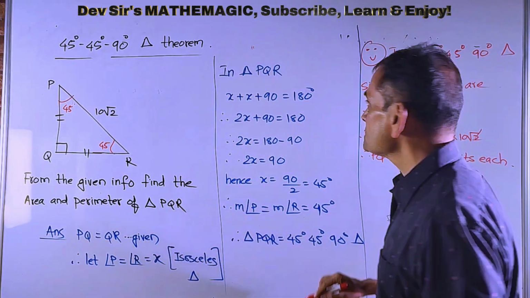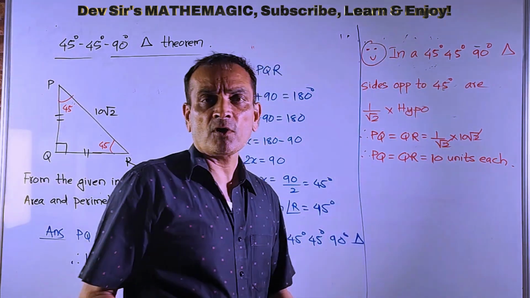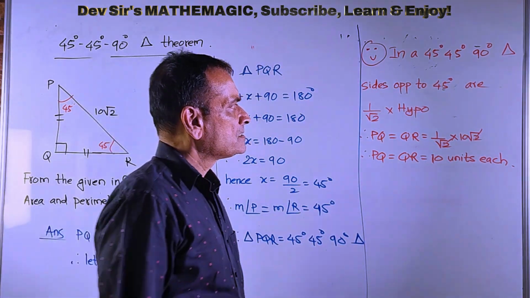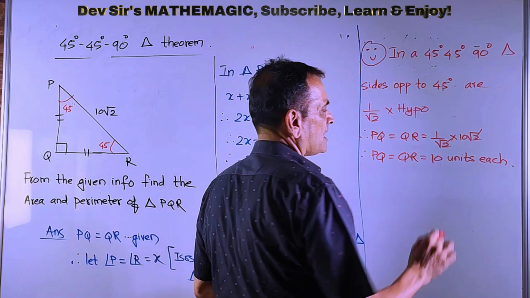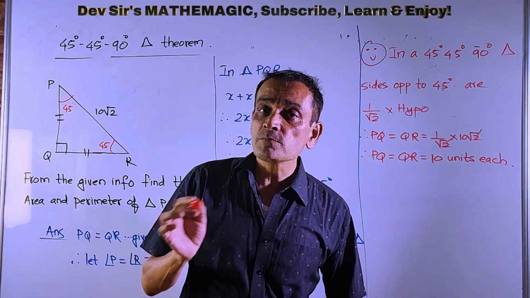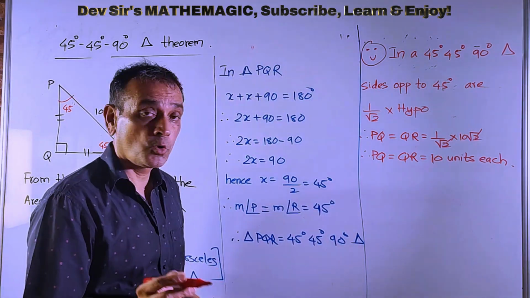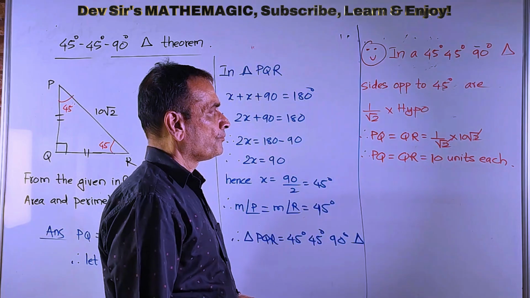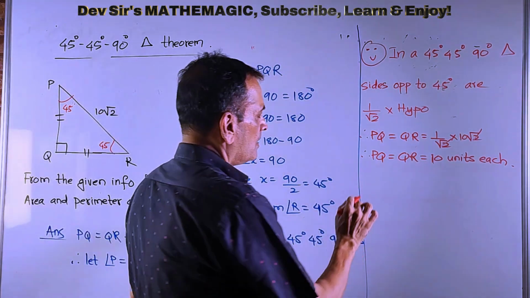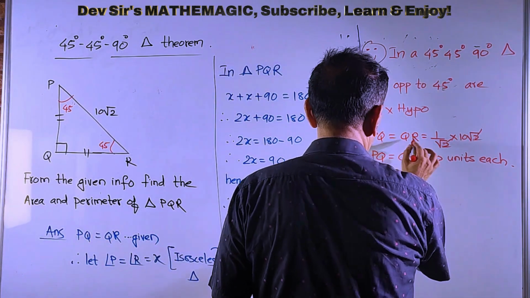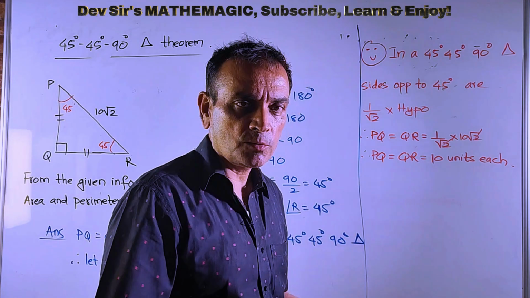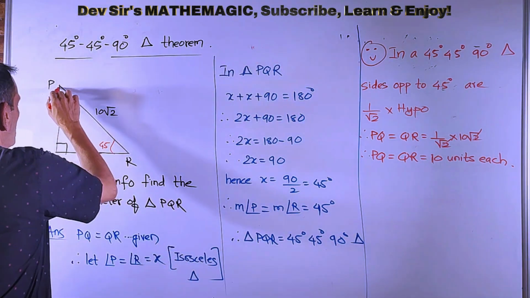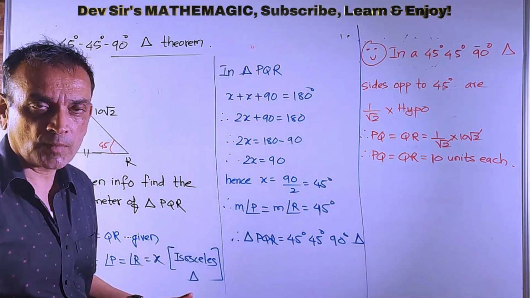Then the first rule says, in a 45, 45, 90 triangle, sides opposite to 45 degrees are 1 upon root 2 times the hypotenuse. Both sides. That means PQ equal to QR. You have to take both PQ and QR, and both are equal, it is an isosceles triangle.